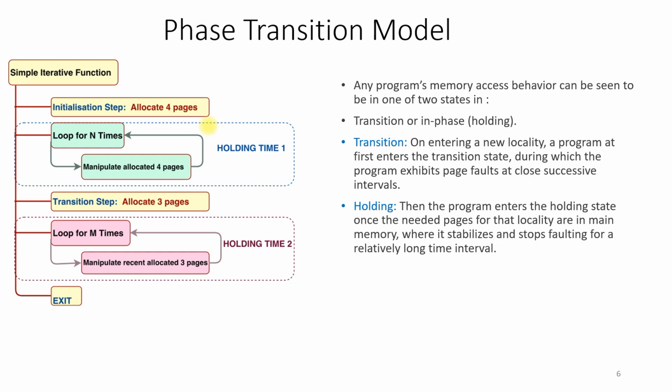Then when it moves to the next execution step, which we call the transition step, it allocates another 3 pages and starts manipulating these 3 pages. So you will notice that during the allocation of 4 pages, there will be successive page faults in this interval, while during the holding times it stabilizes and starts executing for a relatively longer period of time.